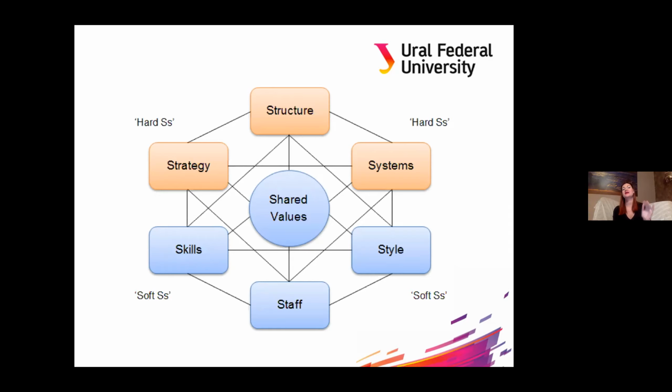Here you can see the hard elements: strategy, structure, and systems, first of all, because you can see here 7 elements and they all start with S, the 7S matrix, and they are all interconnected. When we talk about soft skills, we talk about skills, shared values, style, and staff.